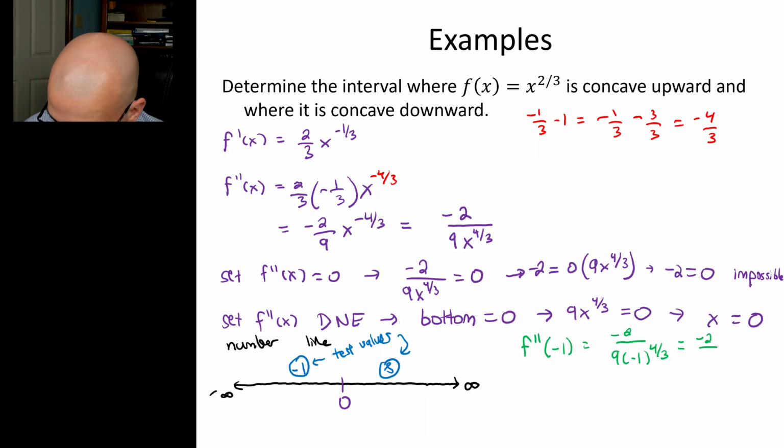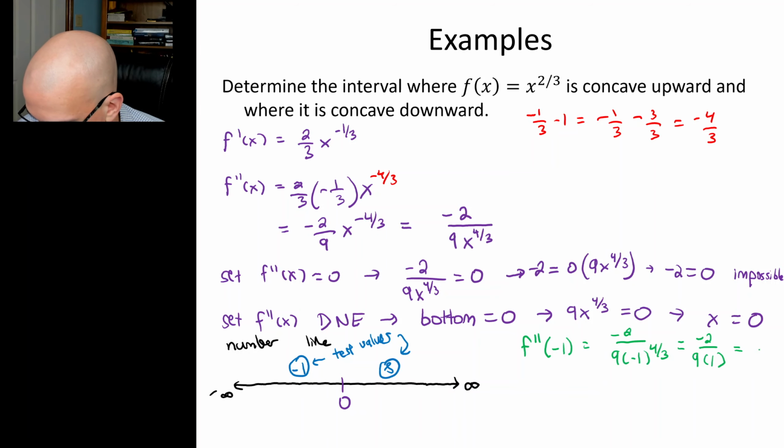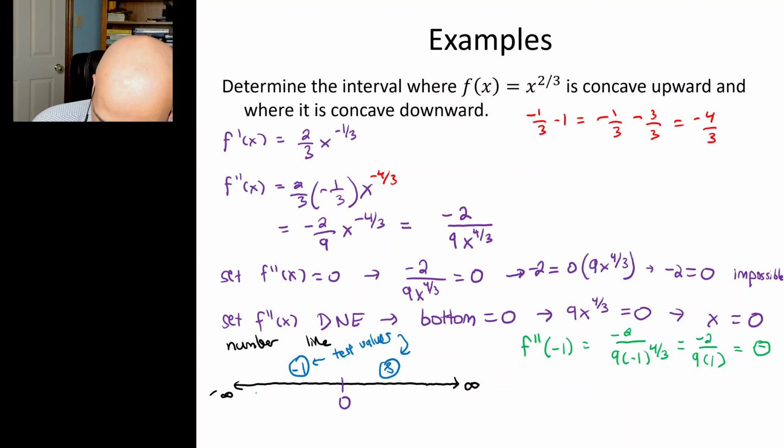Negative 2 over 9 times 1, which is negative. That means it's concave down in that first region, on the interval from minus infinity to 0.